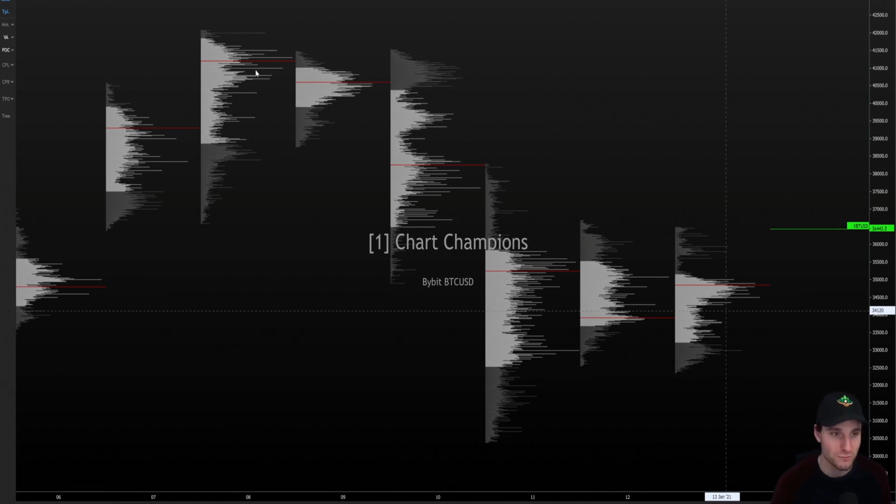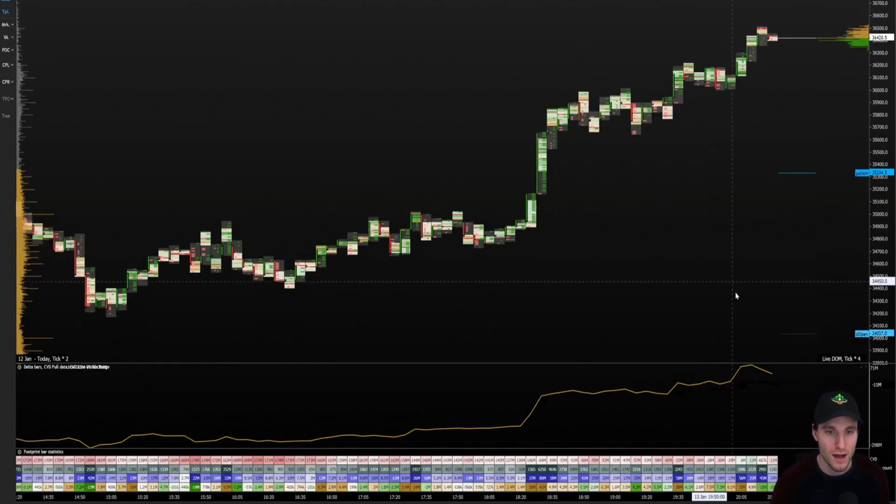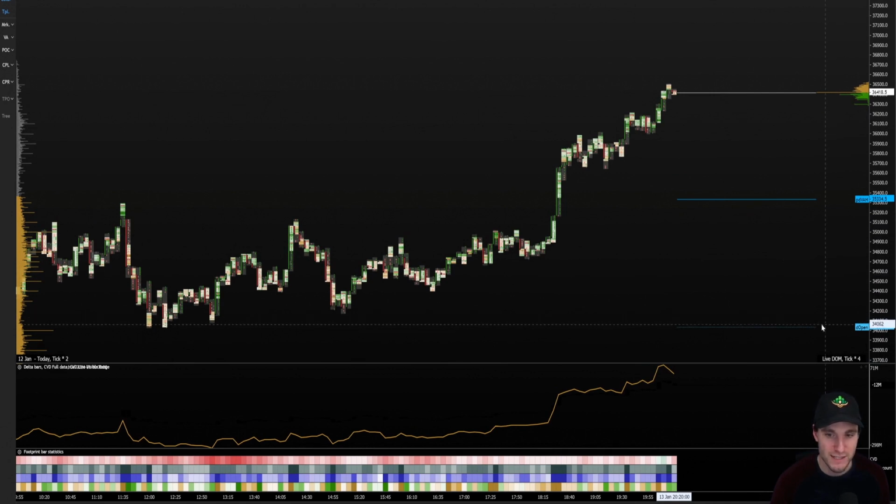As I'll show you, it was quite an easy long. But what you can see here is the daily open. And look at this. If you look left, we hit the daily open there to the dollar low. Absolute dollar low before the extreme move to the upside.